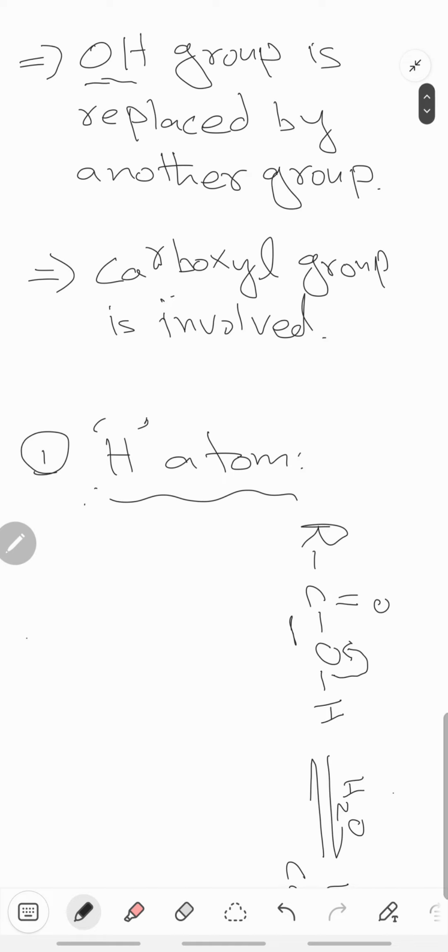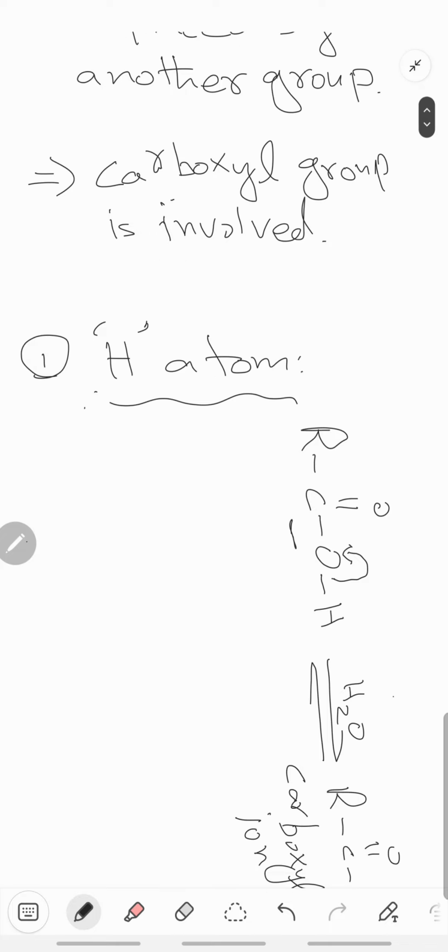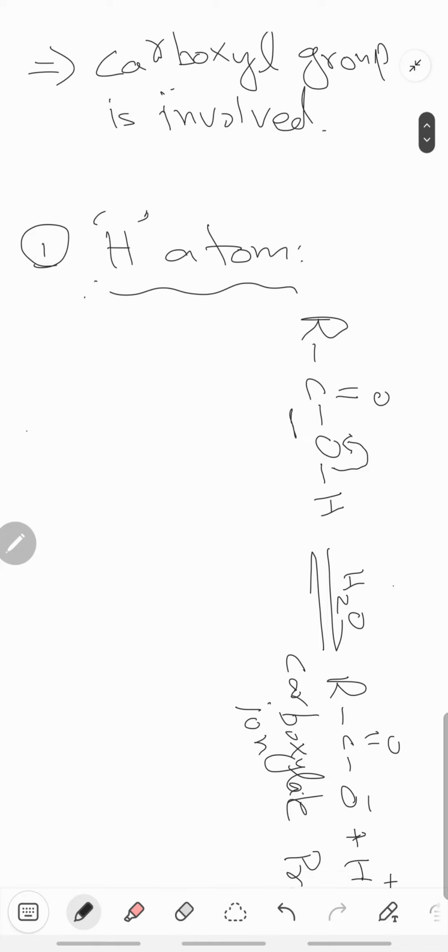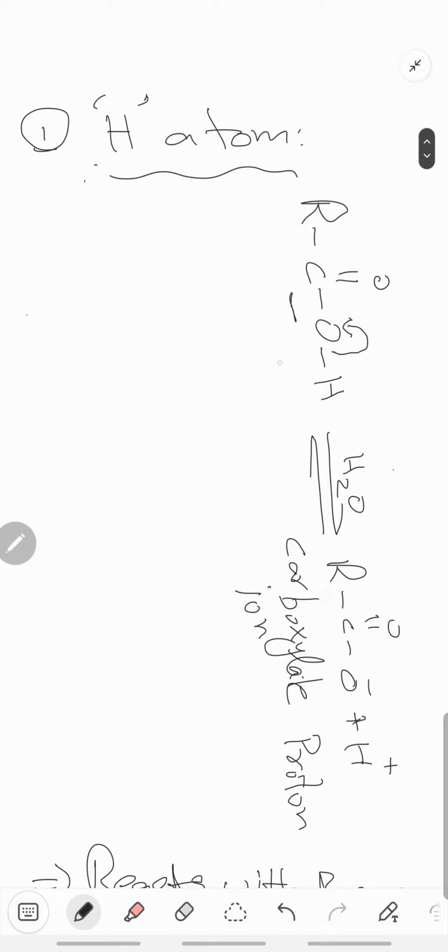The first way is the hydrogen atom, in which the hydrogen atom of the carboxyl group is involved. So what happens if we take a carboxylic acid? This is the carboxylic acid.